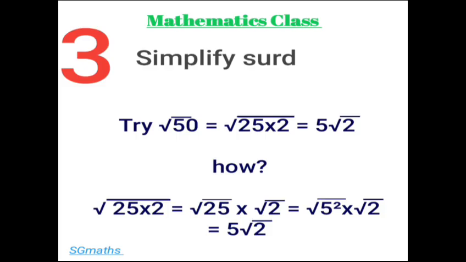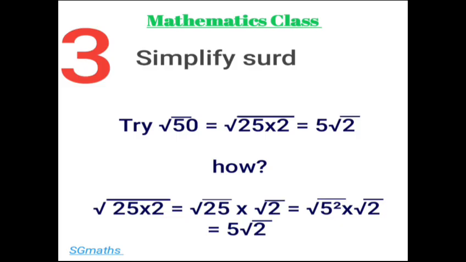That is how we have 5 root 2. So that's the third step. You must simplify your surd, so that you will be able to get if there is a particular number that is perfect, like 25, we said perfect square. So you're able to get that perfect square.